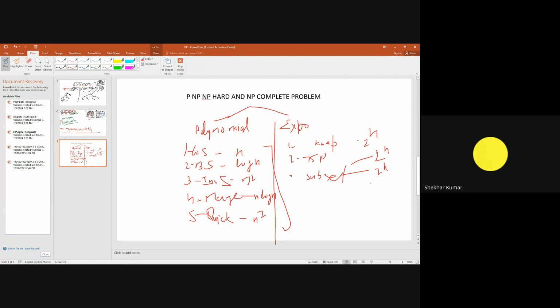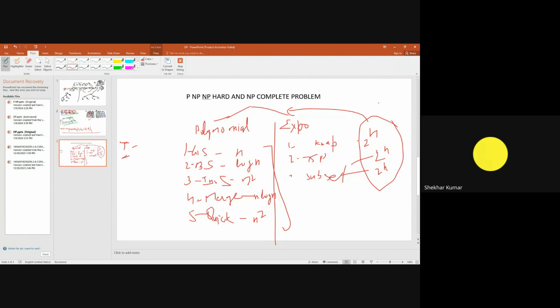So the first objective of this problem is, at first we want to solve these problems, to find an algorithm so that it will be executed in polynomial time.